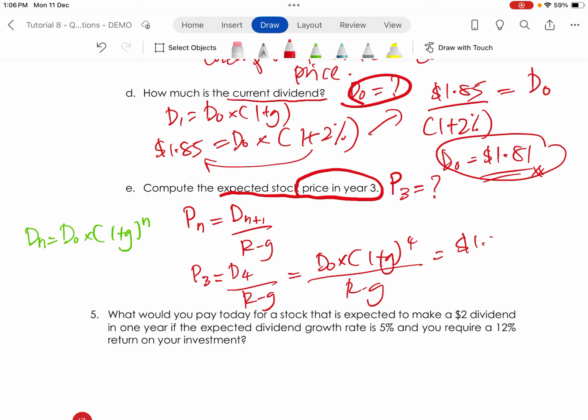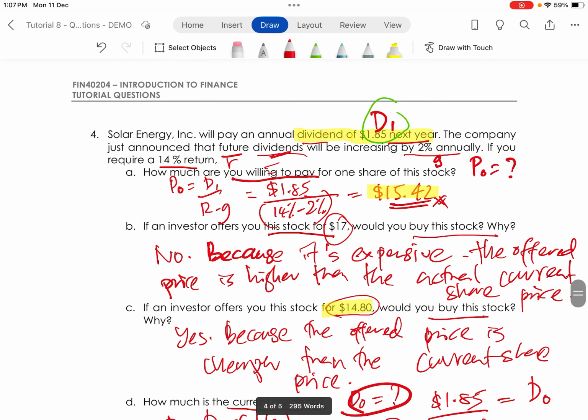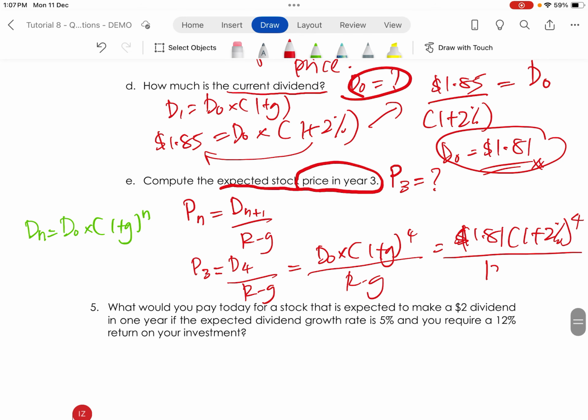D0 is 1.81, times 1 plus the g of 2%, power of 4. The r is 14%, so 14% minus 2%. Then you solve this one.